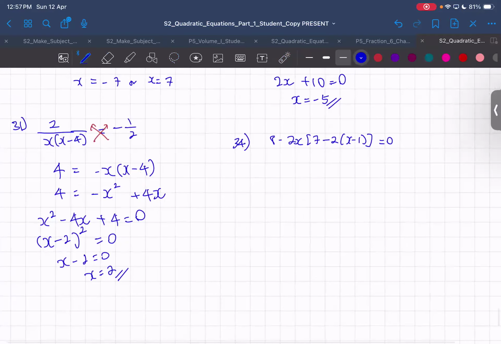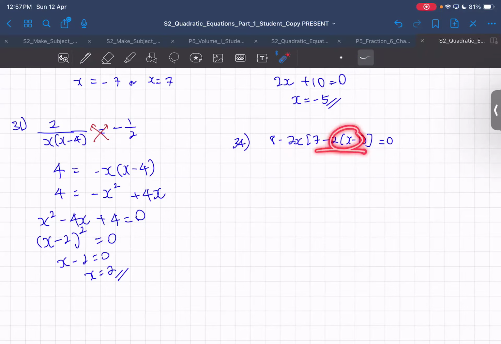Okay, for 34, what will you do? This is Board Math, P5. Do all the brackets first. Inner bracket. Maybe I ask Shinmei? Yeah, Shinmei. Which one will you do first? 2x minus 1. So will you do this first or this first?